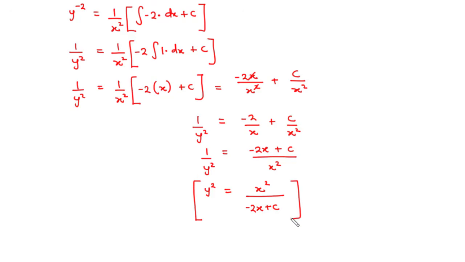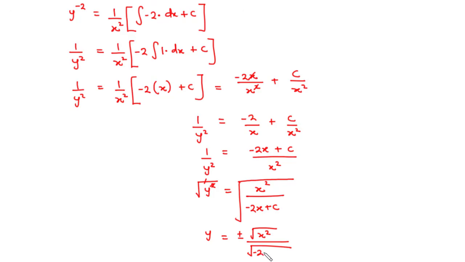Now if you want to make y stand alone, the best thing to do is to take the square roots of both sides of the equation. So we have the square cancelling the square root. You have y equals plus or minus the square root of x squared divided by the square root of negative 2x plus c.